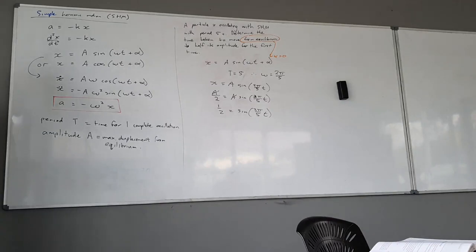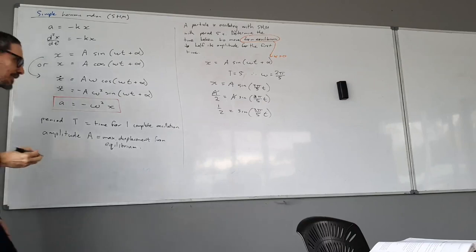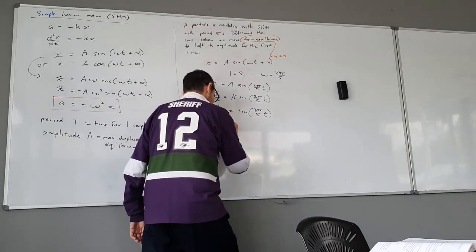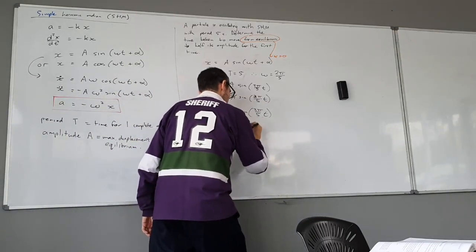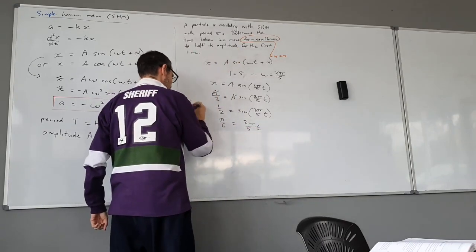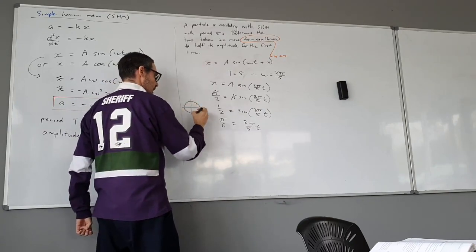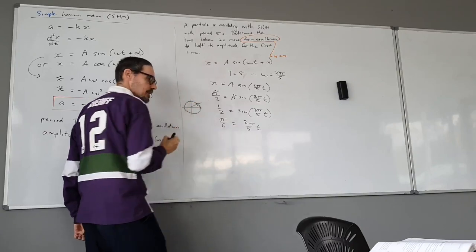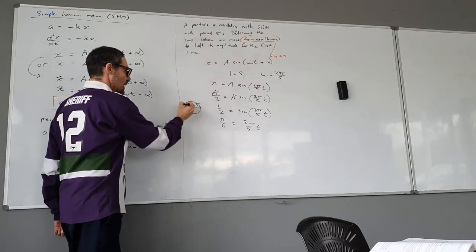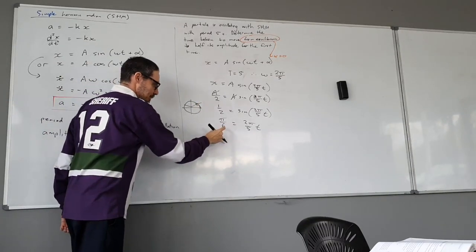Come on, Year 11s, you've just been doing this. Pi on 6. Now, for the first time means I must be in the first quadrant, because otherwise I'd be over here and I would already have got there the first time here. So I know it's pi on 6 I want.